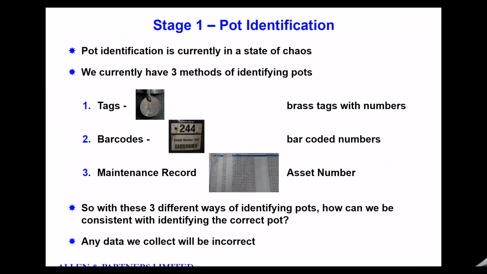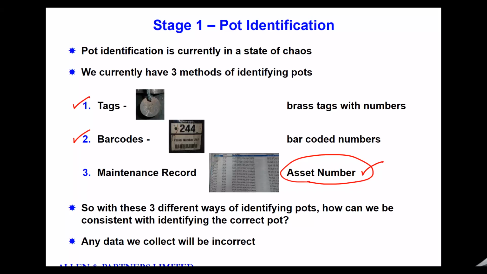What else has he got? So here's his identification sheets, and there's also a maintenance. So there's an asset number. Let's put a third thing in there. He hasn't put that on the cause and effect diagram, but you can identify the pot as a tag. You can identify it as a barcode. You can identify it as an asset number.